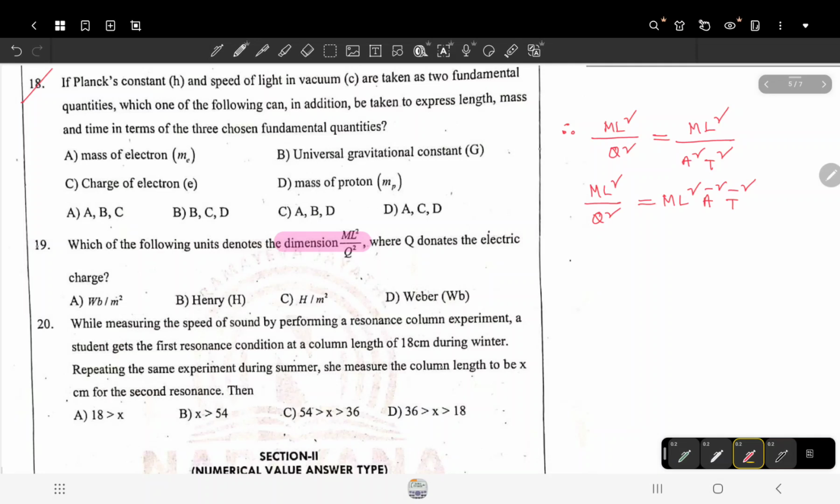Let's say Weber per meter square. Weber per meter square is nothing but a magnetic field, so you know the B formula.